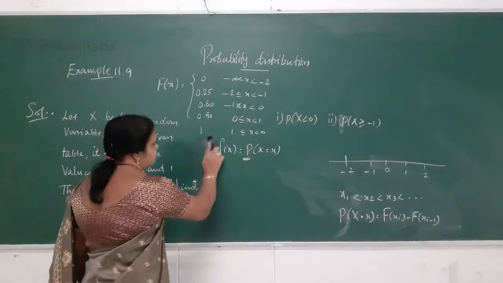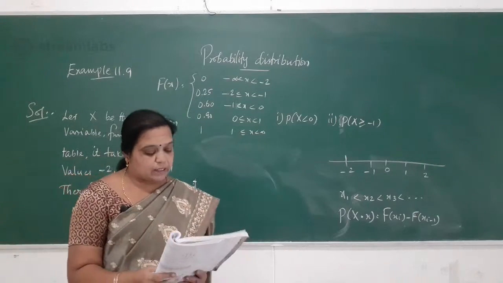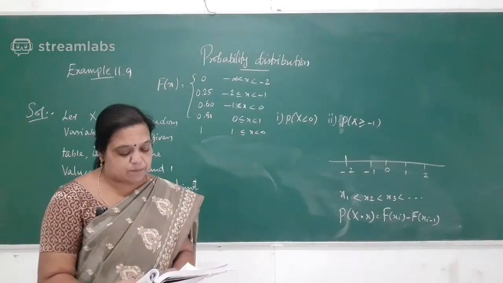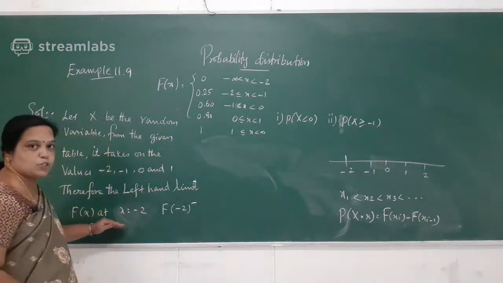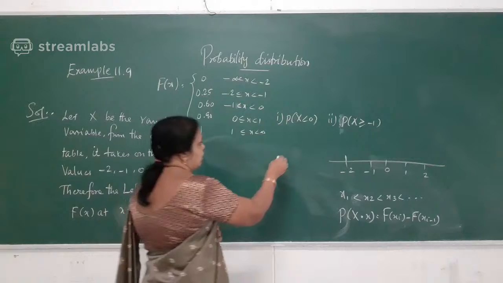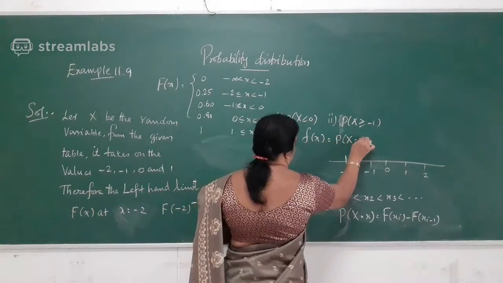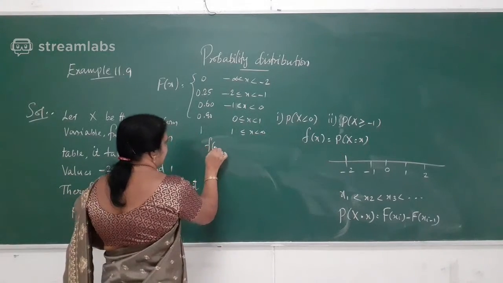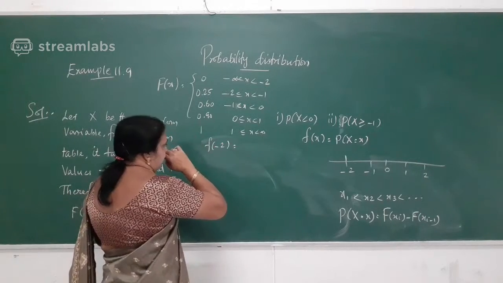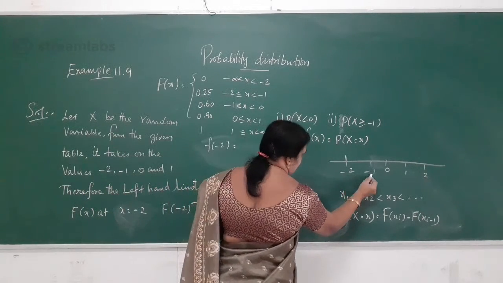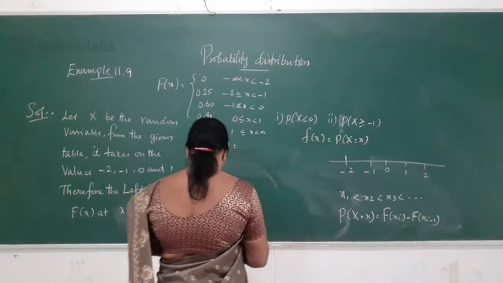Next step, similarly for the other terms we have to find the points. First we have to find F of minus 2. What I told: f of x is equal to P of X is equal to x. F of minus 2 is the bigger number compared to this one, so we have to subtract.